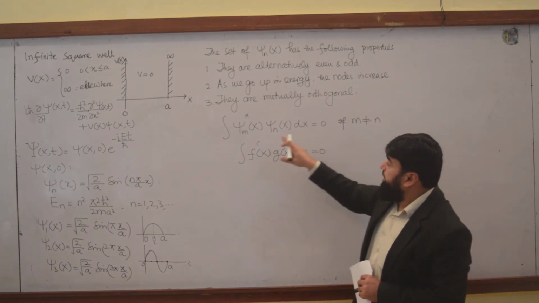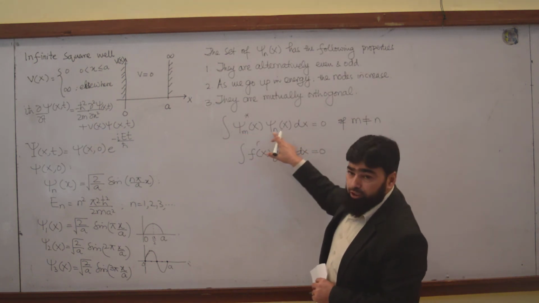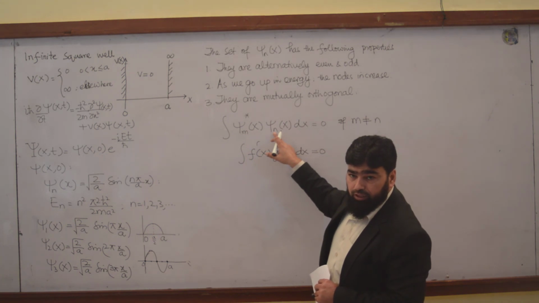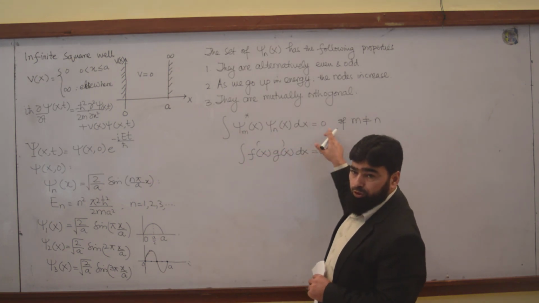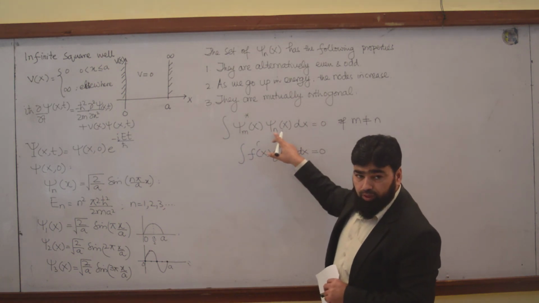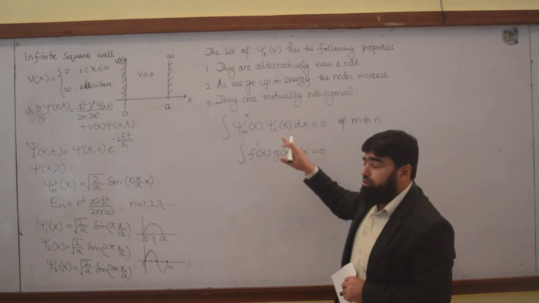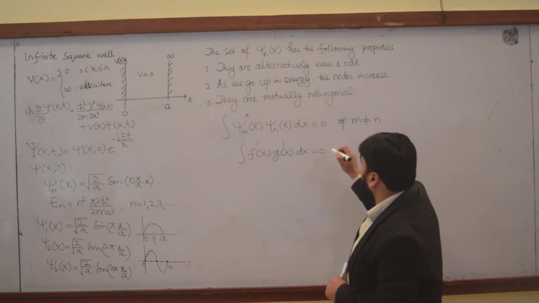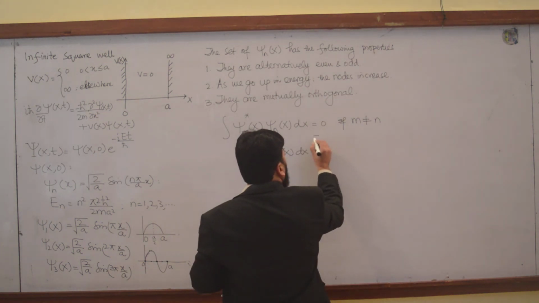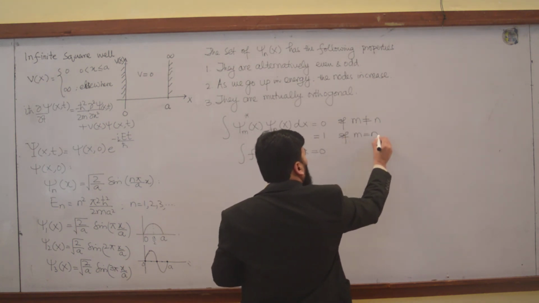If this one is different and this one is different, then it will be equal to 0. If this one and this one are the same, means they are the same wave functions, then the magnitude should come out to be equal to 1 if m is equal to n.